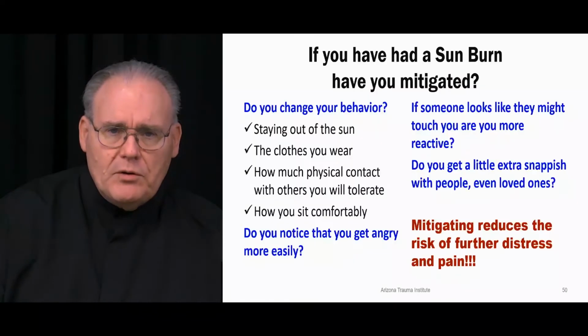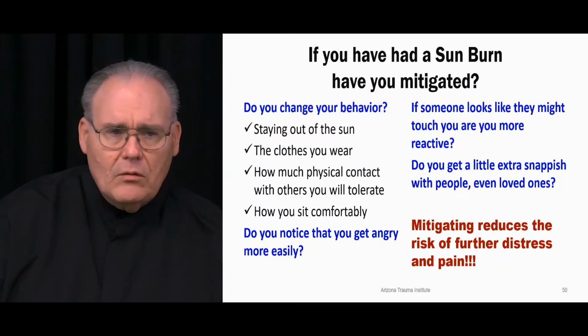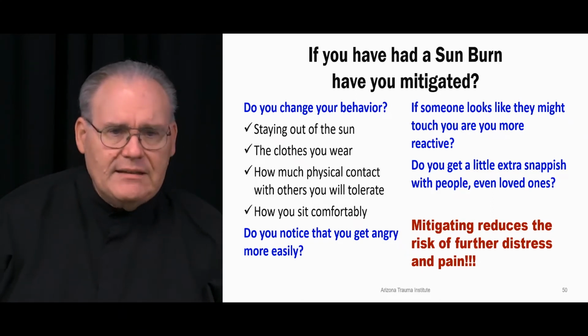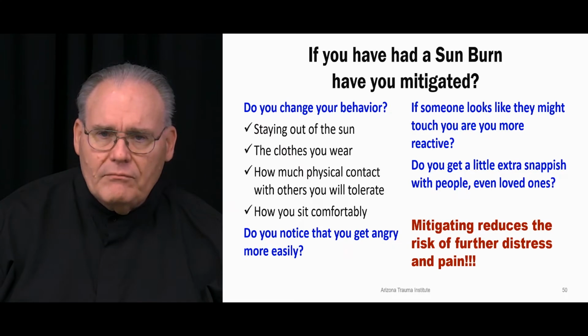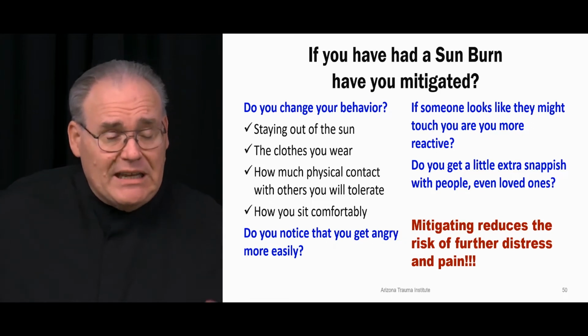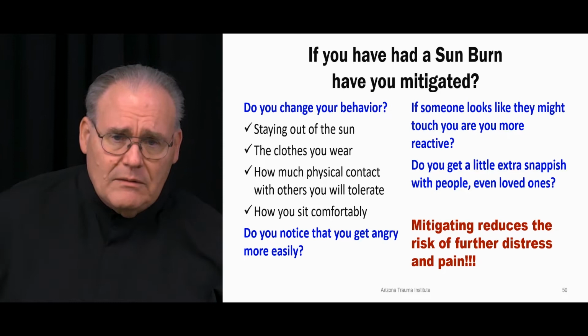So you have a bad sunburn. What are you going to do the next day? Stay out of the sun? Wear looser, lighter clothing? Avoid contact with people? Are you going to be a little bit more grouchy with people annoying you? If somebody touches you and they're doing it on purpose because they know you're in pain, are you going to get angry with them?